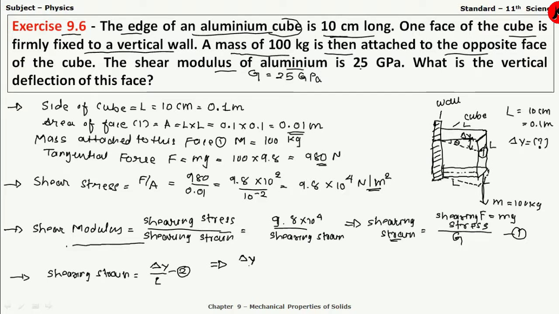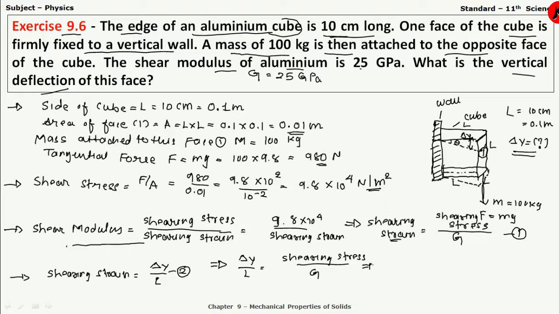delta y by L equal to shearing stress by G, and here what we need to calculate is the vertical deflection. Vertical deflection is nothing but delta y.